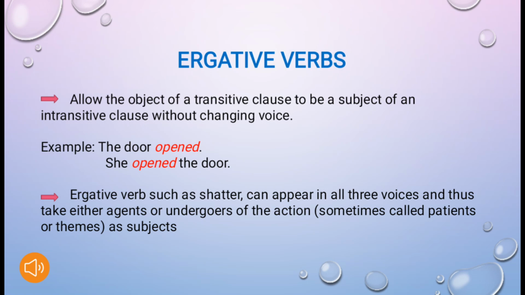But if you're going to identify it as the middle voice, then it refers to the terms of happenings. So the only difference is that under the first and second examples we focus on the terms of actions, but in the third example we focus on the terms of happenings. Those are its differences.